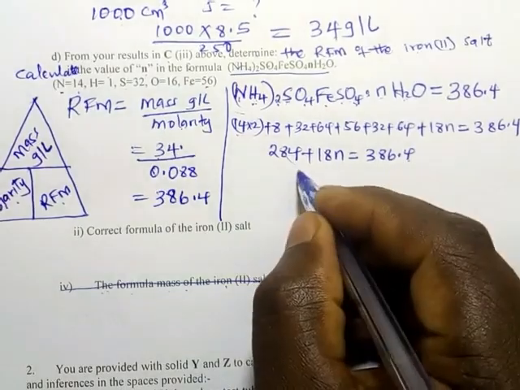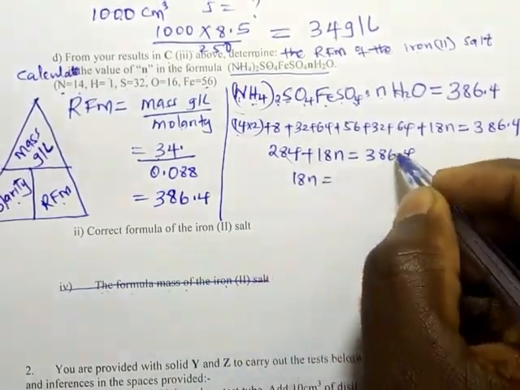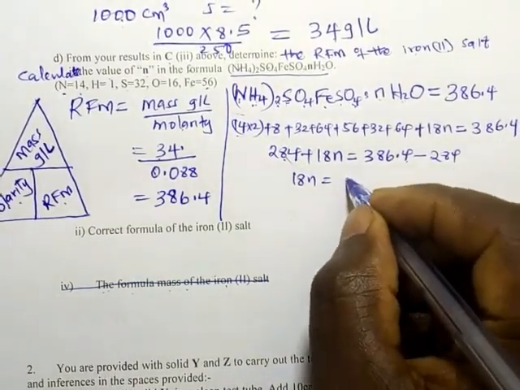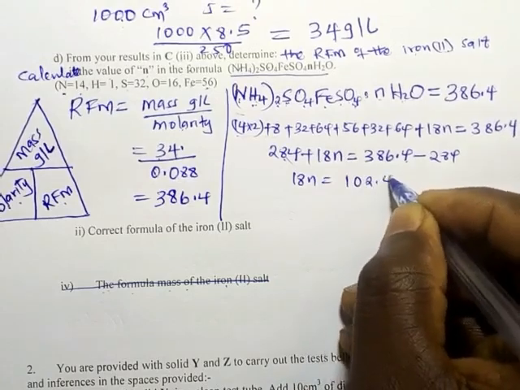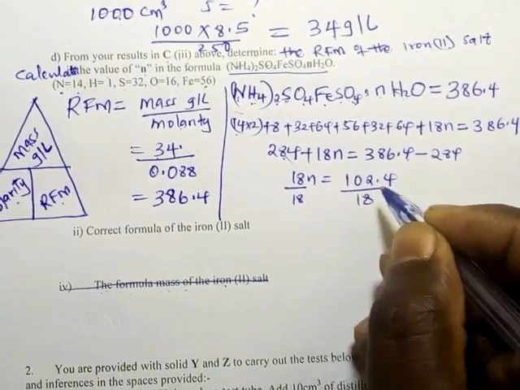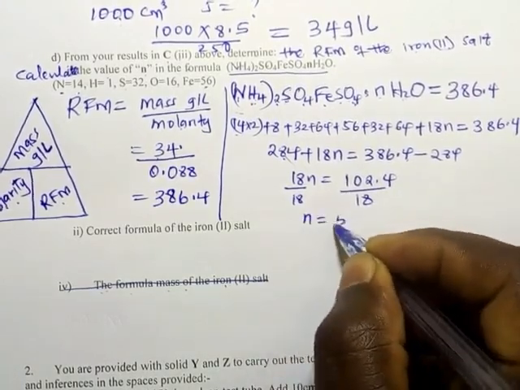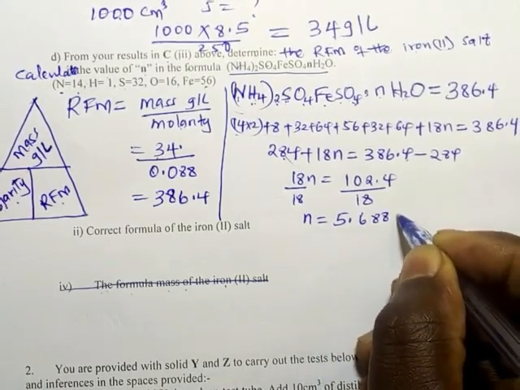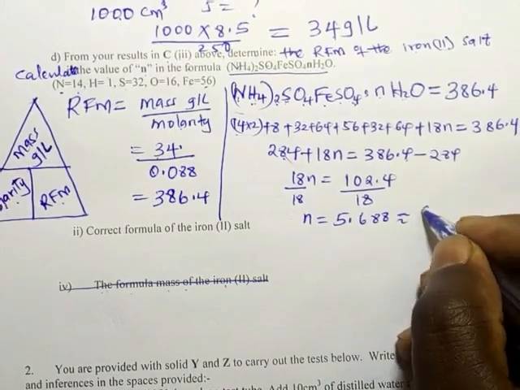Like terms together, 18N is equal to 386.4 minus 284, which is 102.4. You divide by 18, you find that N is equal to 5.688, which is equivalent to 6.